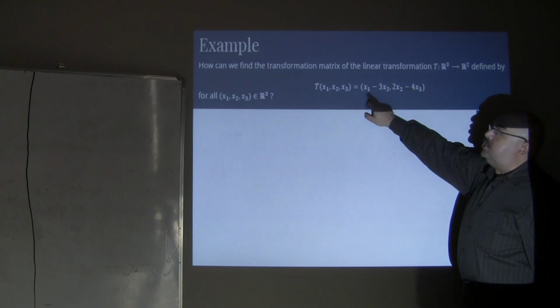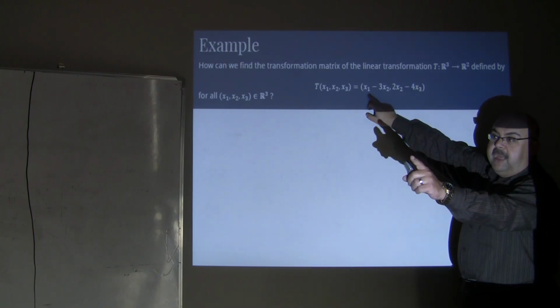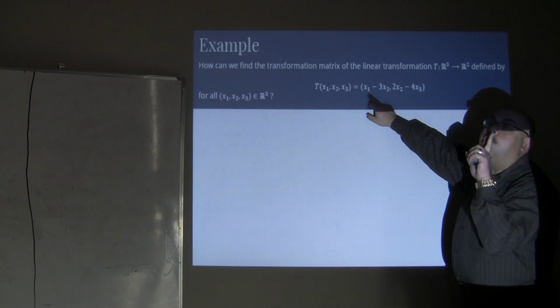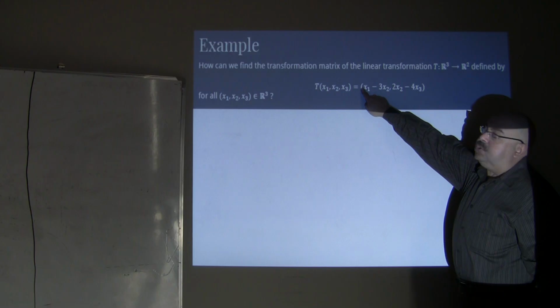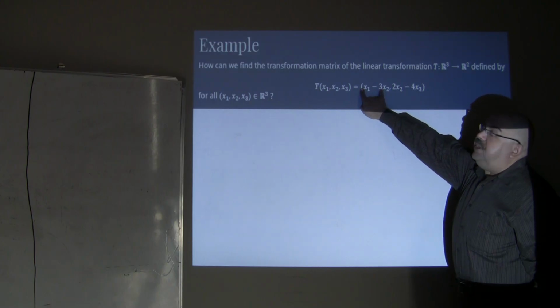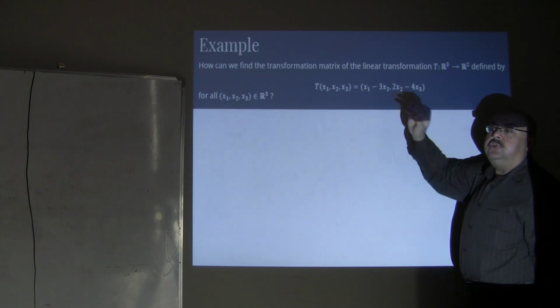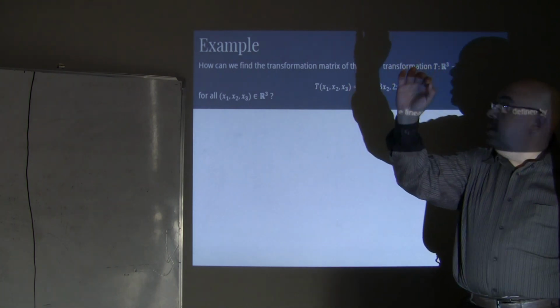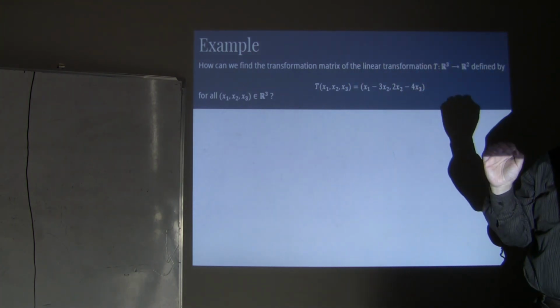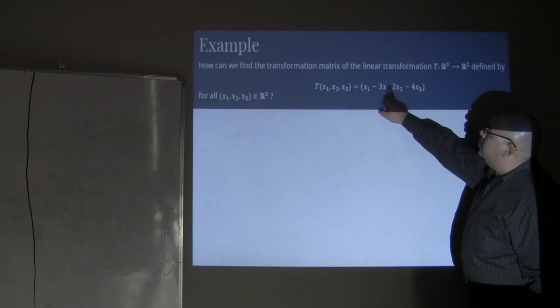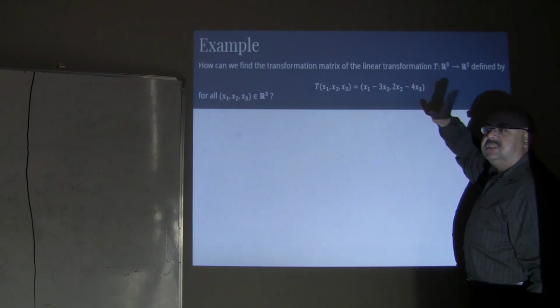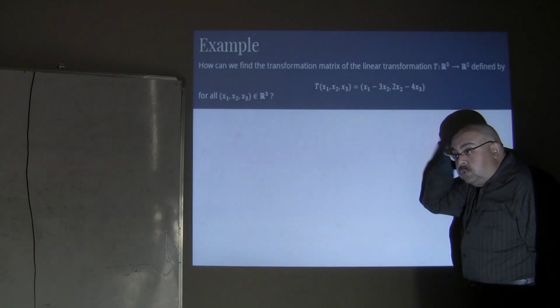So now for the first row, I will perform the transformation matrix by rows. The first row will be 1, the coefficient of x1, then negative 3 and 0. The second row is going to be 0, 1, and negative 4. This is how to perform it by rows.